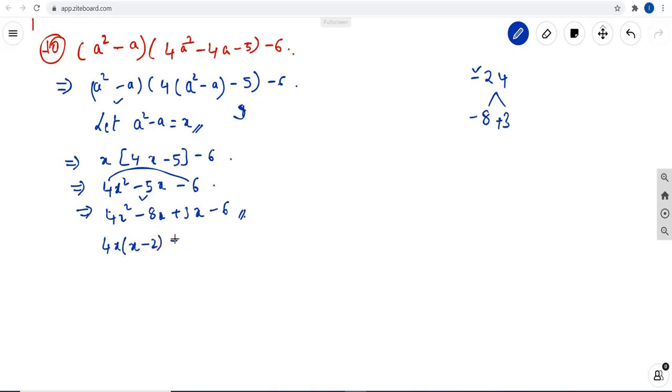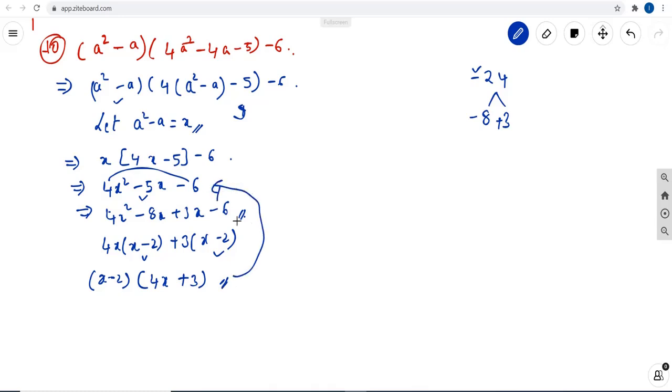Plus, if I take 3 common, this becomes x minus 2. Now in this term, this one and this one is common, so I will take x minus 2 outside. If I take x minus 2 outside, what is left? 4x plus 3.